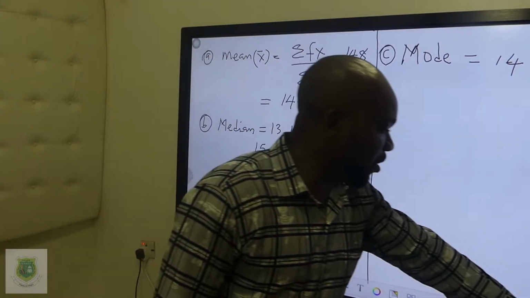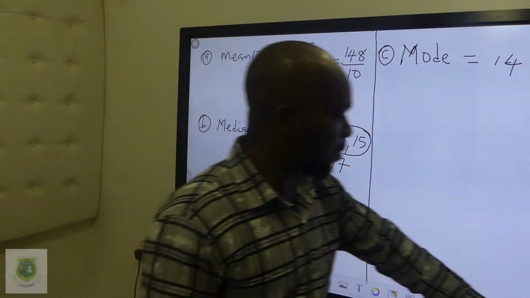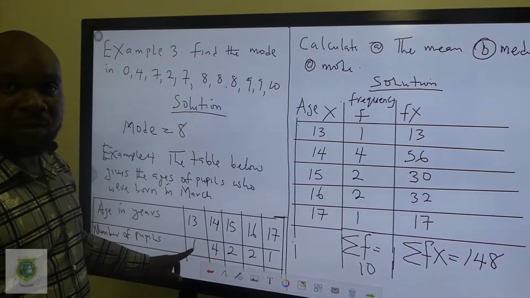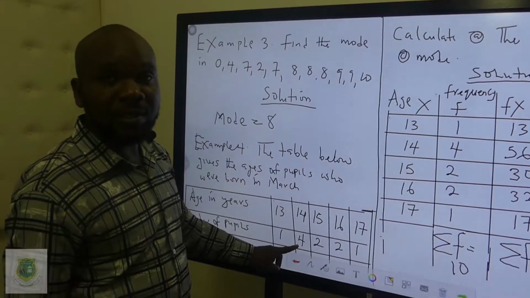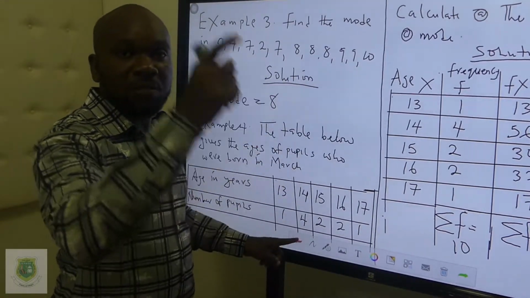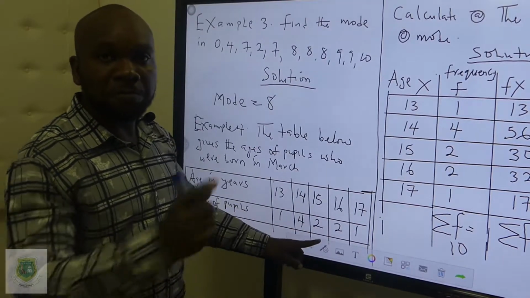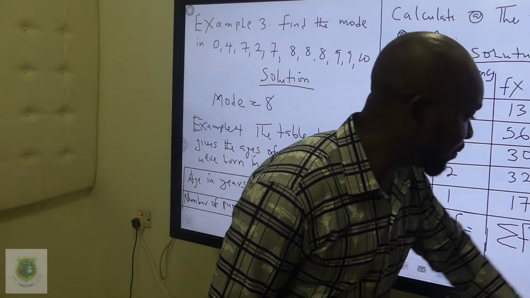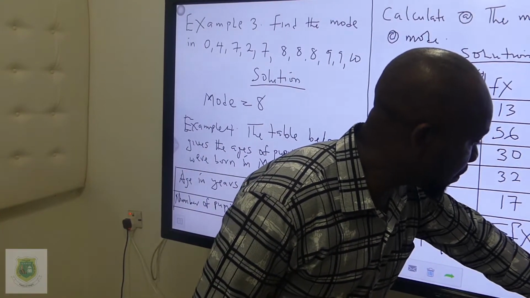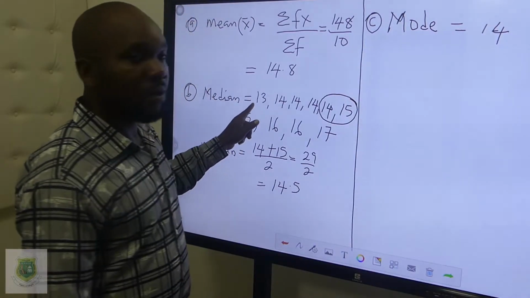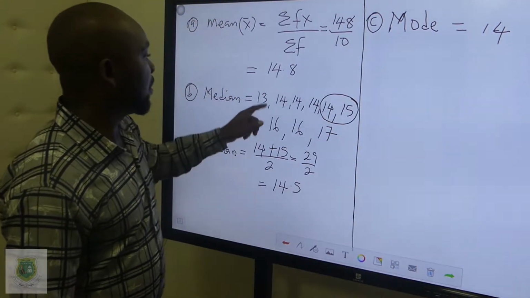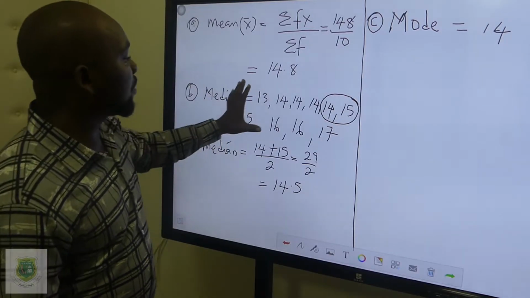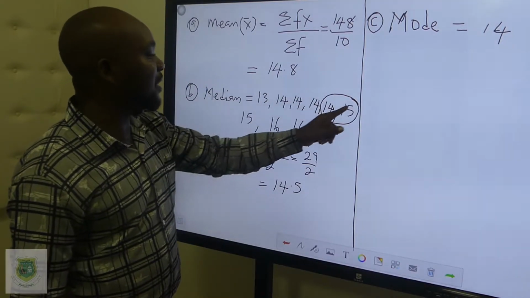Let me show you. 13 occurs only 1 time. 14 occurs 4 times, so it's 14, 14, 14, 14. 15 is 2: 15, 15. 16 is 2: 16, 16. 17 is 1. So this one is 13, 14, 14, 14, 14, 15, 15, 16, 16, and 17.